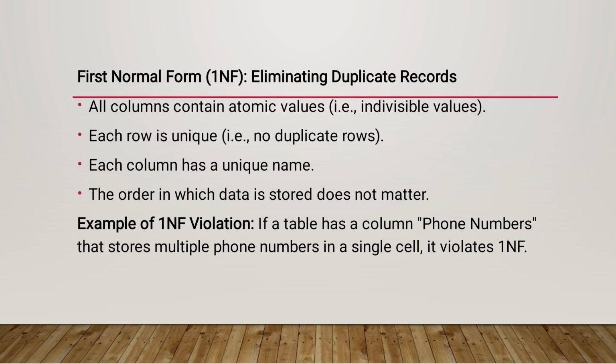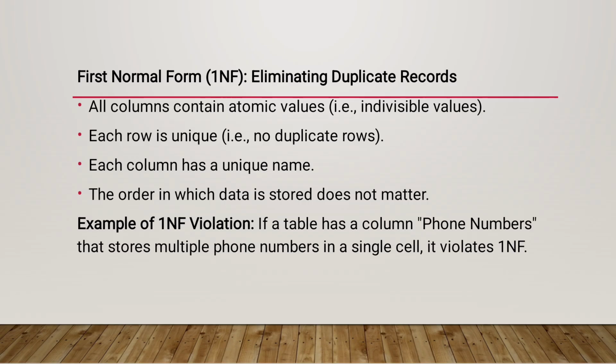That is, all the columns contain atomic values. Atomic values, individual values. Each row should be unique. Each column has a unique name. The order in which data is stored does not matter.